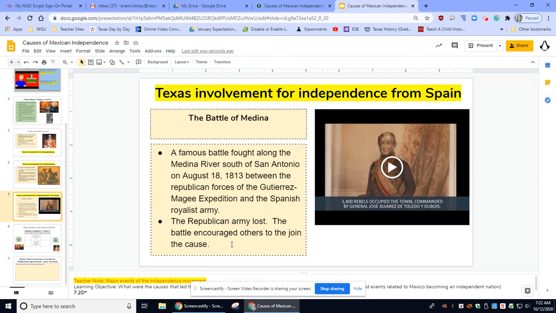The battle encouraged others to join the cause. The Gutierrez-McGee forces lost their battle in this war, but in doing so, they realized how terrible Spanish rule was, and so they picked up more people to join the cause.